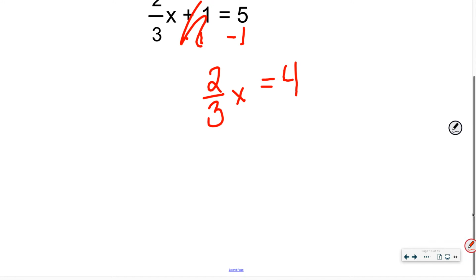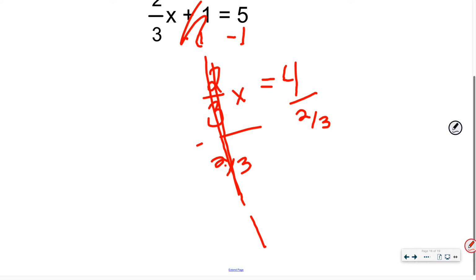The opposite of multiplying by 2/3 is just dividing by 2/3, right? If I divide by 2/3, this would be by itself. Why would the x now have a coefficient of 1? What's any number divided by itself, no matter if it's a decimal, a fraction, or an integer? 1. So 2/3 divided by 2/3 is 1. So now I'm left with x.